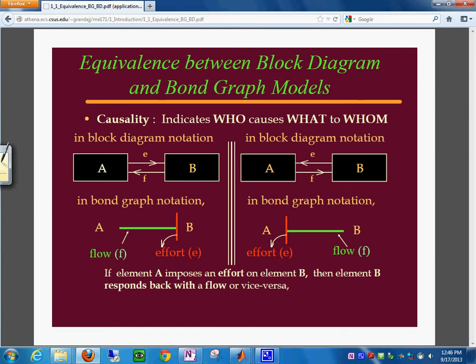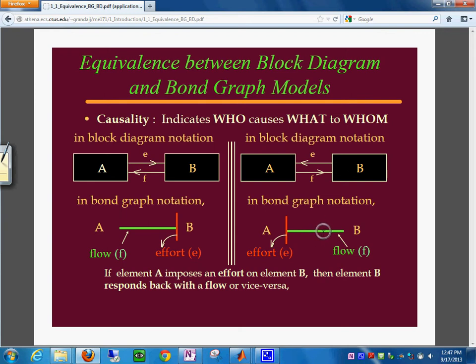On the right-hand side here, we have now that B is the one that sends a signal E to A, and A reacts with a flow variable. So in this case, E presses on A, and A reacts. How do we represent that same thing over here?